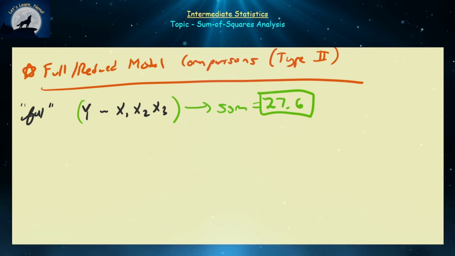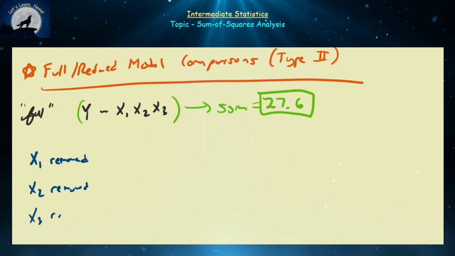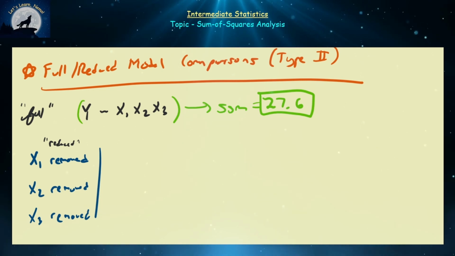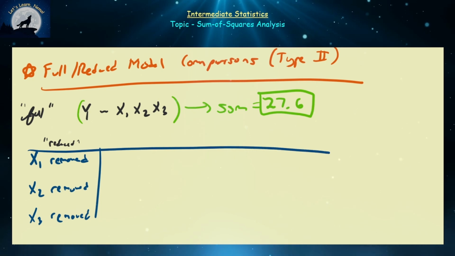All right. So what we're going to do is we're going to remove these variables one at a time. So for example, we're going to look at x1 removed, and then x2 removed, and then x3 removed. So we're going to look at our reduced models, and see what our SSM turns into when you remove these particular variables. Right?